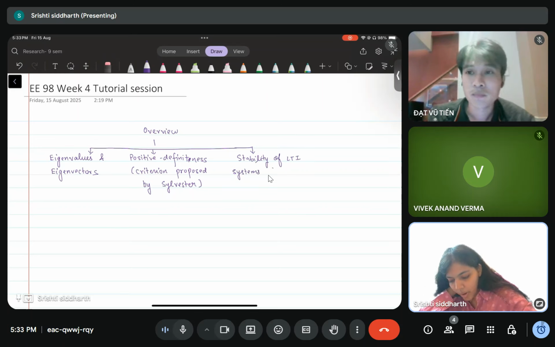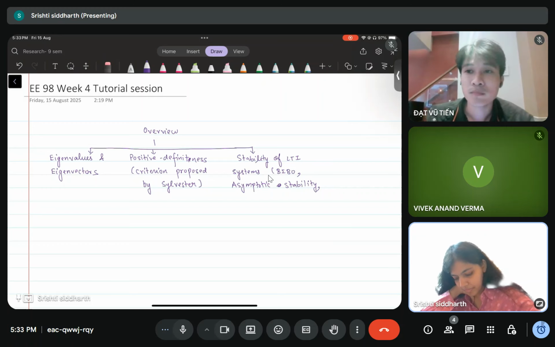We'll talk about bounded input, bounded output stability, asymptotic stability, and then finally stability in the sense of Lyapunov.